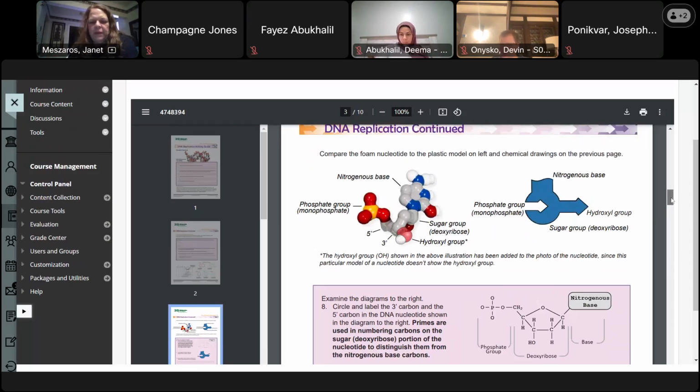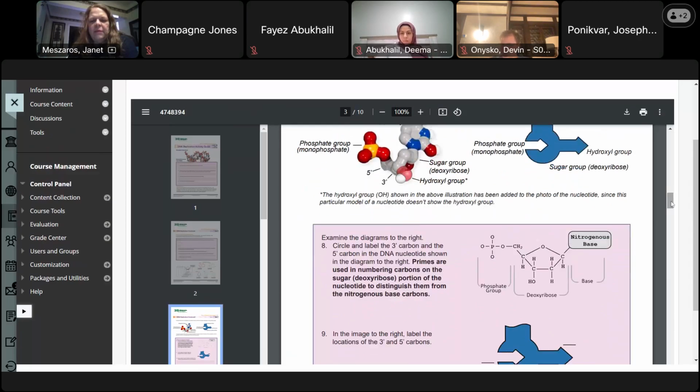Okay. They said examine the diagram to the right. Circle and label the 3' carbon. Which one would you circle? It would be this one, right? This is the 3' carbon. And then they want you to circle and label the 5' carbon. So this is the 5' carbon.